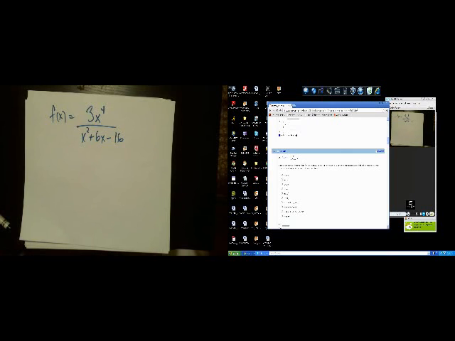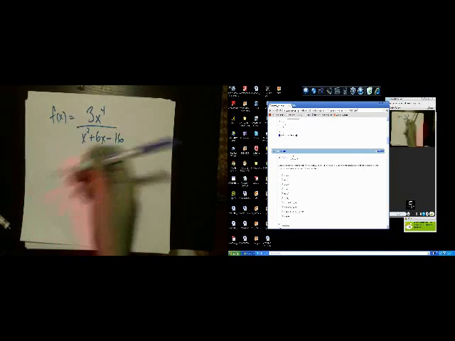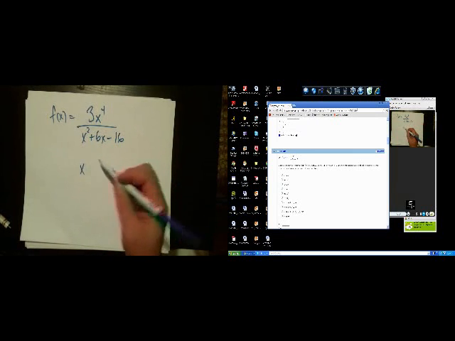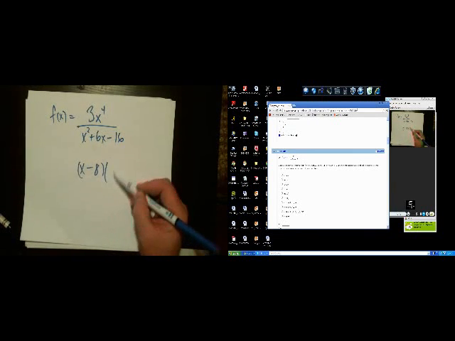Outside of all the theory, the way you do this is you factor the denominator. Find two numbers that multiply to give negative 16, and add to 6. Never mind, 8 and 2, obviously. So x plus 8, x minus 2.